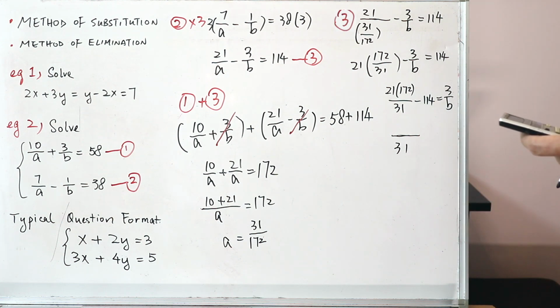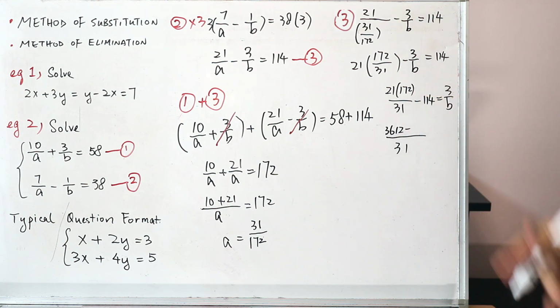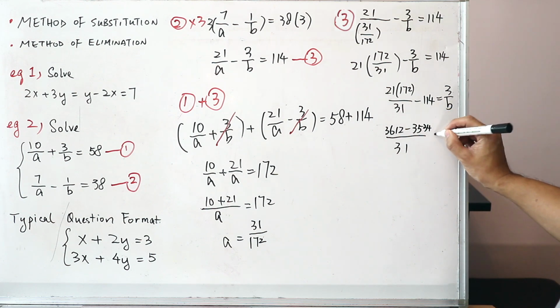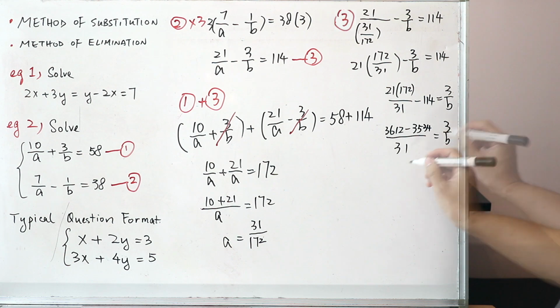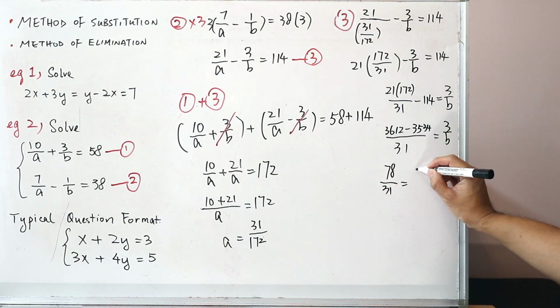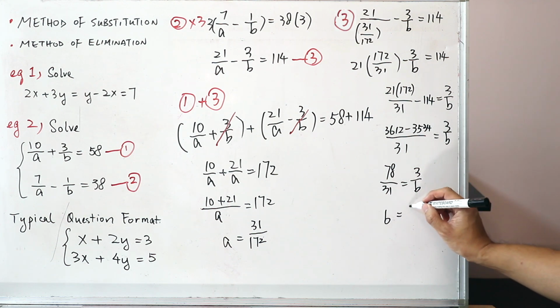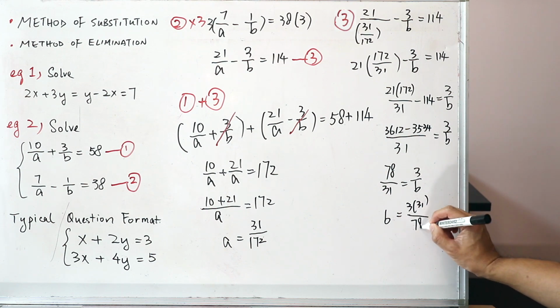So 21 times 172 is 3612 minus 114 times 31, which is 3534, is equal to 3 over b. So 78 divided by 31 is equal to 3 over b. Okay, so b is equal to 3 times 31 divided by 78.